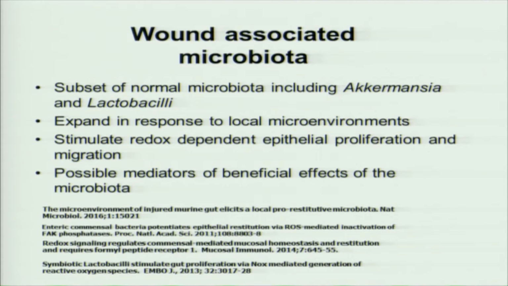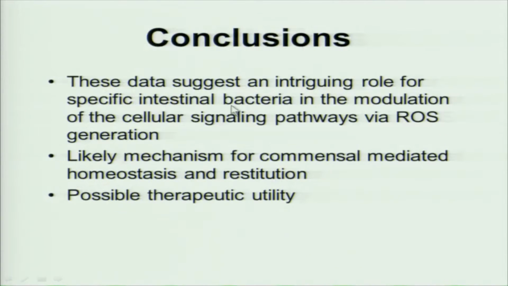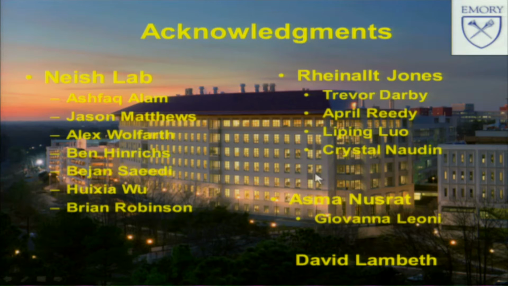We're not getting the redox-dependent aspects. There are some signaling mechanisms we've been working on. But these are possible mediators of the beneficial effects of the microbiota. And the conclusion suggests an intriguing role for specific intestinal bacteria in the modulation of cellular signaling pathways. It's a likely mechanism for commensal-mediated homeostasis and restitution and possible therapeutic utility. And I'll leave it at that.